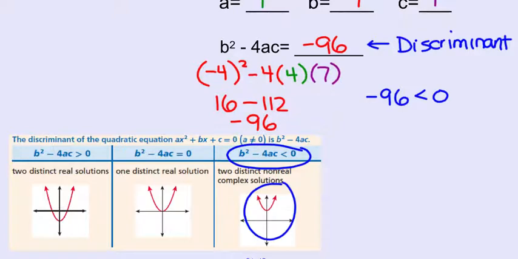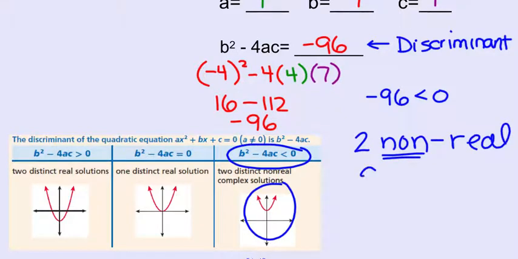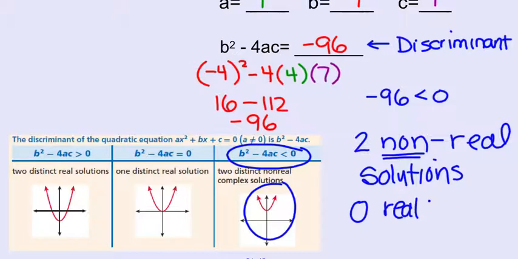It's going to be a graph where it's either going to be above the x-axis or below the x-axis. So it's going to have two non-real solutions. Make sure you have that, which means you'll have 0 real solutions. Which then means you will not have any x-intercepts because our discriminant is less than 0.